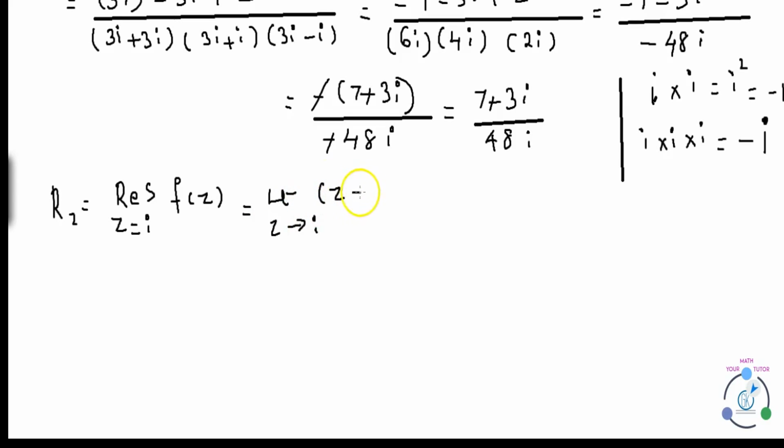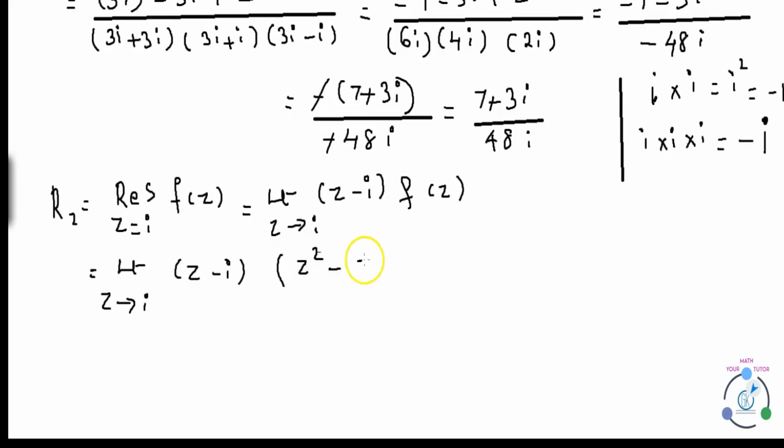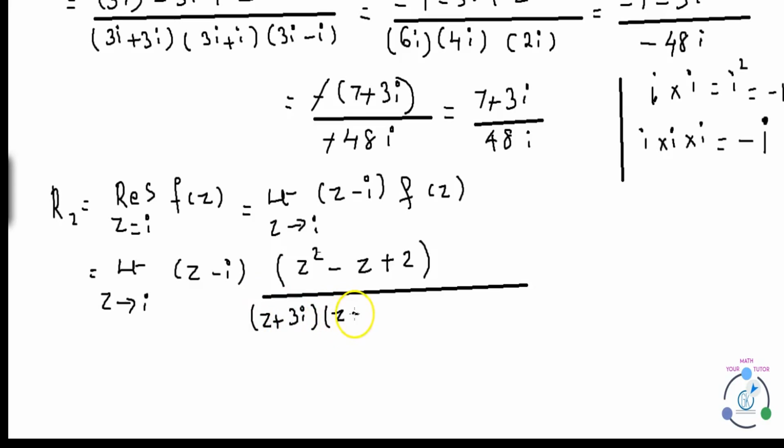We get limit z tends to i, (z minus i) f of z, which is z square minus z plus 2 by (z plus 3i) into (z minus 3i) into (z plus i) into (z minus i).